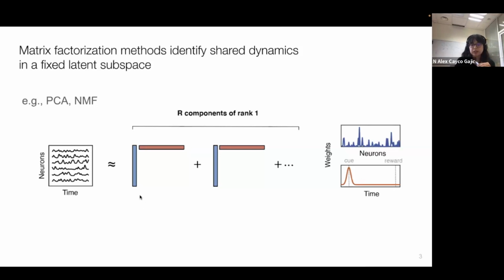That means that it can be expressed as the outer product of one vector per component that corresponds to the neural encoding weights, and another vector that corresponds to the scores, or how that pattern, that population mode, changes over the course of time. So this underlies PCA, but also NMF. A lot of different dimensionality reduction methods are based on these matrix factorization methods.